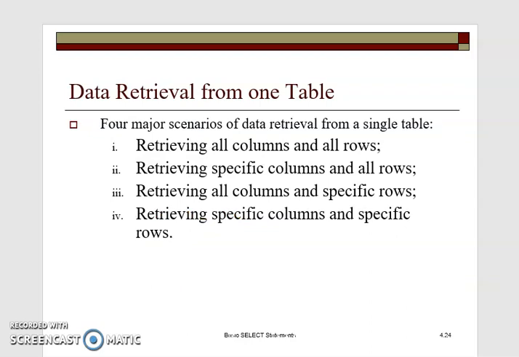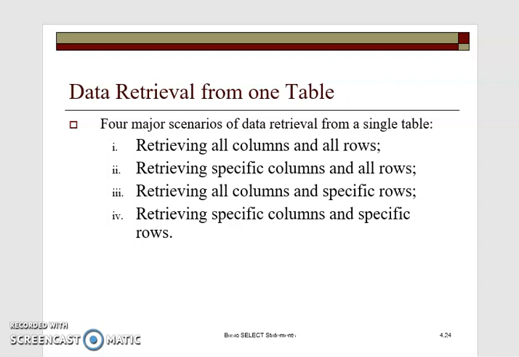Data retrieval from one table. We can retrieve data. Either you can retrieve all the columns and all the rows. There is a specific statement that helps you to retrieve data from all the rows and all columns. There is a specific syntax that will help you to retrieve specific columns and all the rows. There's another syntax that helps you to retrieve all the columns and specific rows.